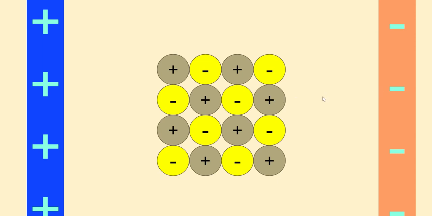But due to the strong attraction force between the cations and anions, it's very hard for you to break this structure by simply using two terminals right here.